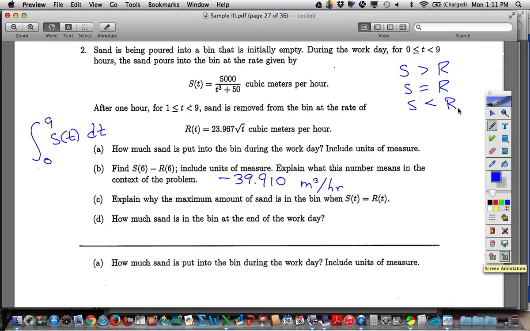Either the sand is going in faster than it's coming out, in which case the sand volume is increasing, or the sand rate is less than what's coming out, then the volume is decreasing. And when they're equal, those are balanced out. So in the beginning, S is greater than R, so the sand volume is rising, then when S equals R, it stops, and then after that, like you said, it starts falling. So some kind of discussion about that is what you'd be looking for.